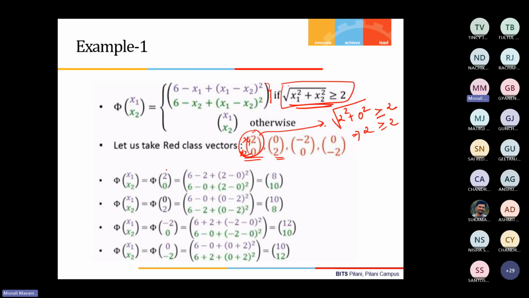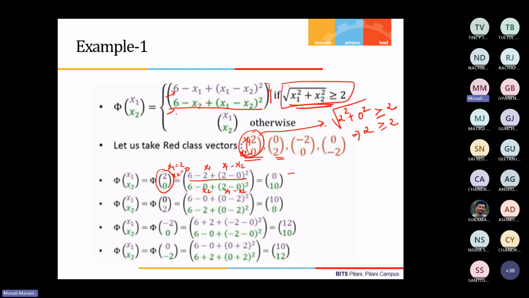So the first point is taken here, 2 and 0, where x1 is 2 and x2 is 0. Plug into these 2 equations. This is x1 minus x2 the whole square. So we'll perform this computation, and then the bottom computation, where this is x2 and this is x1 minus x2. x1 is 2, x2 is 0.